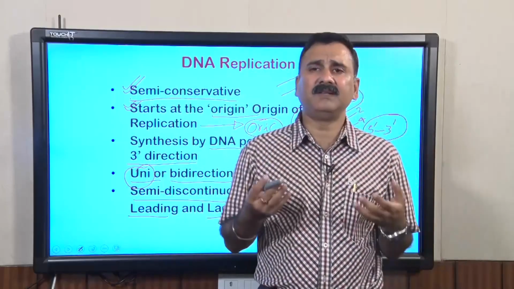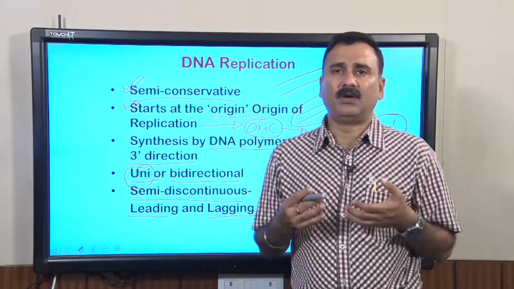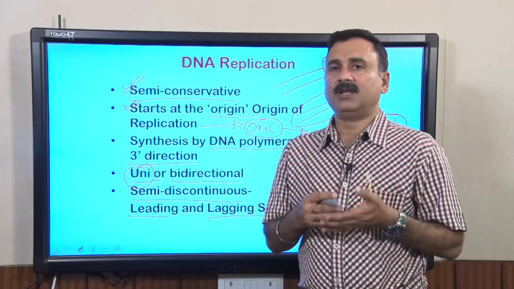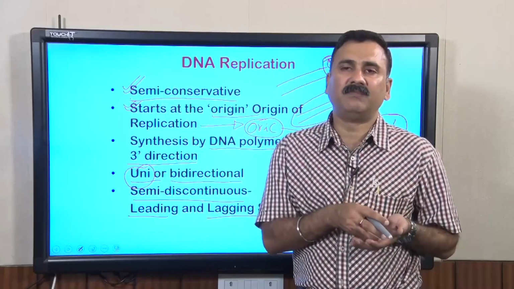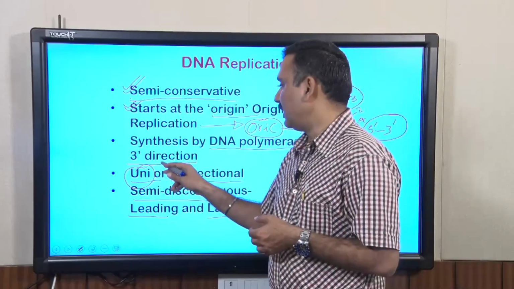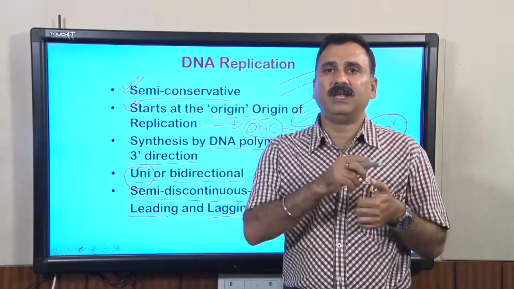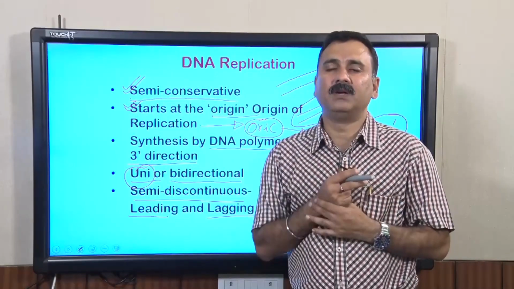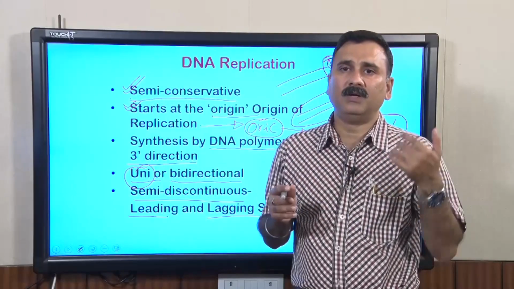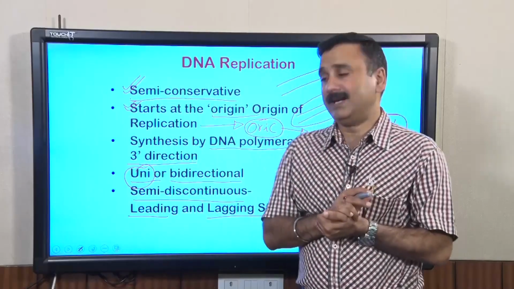ORI-C is a classical example of an origin of replication in the prokaryotic system. Then DNA polymerase is an enzyme which catalyzes DNA synthesis in the eukaryotic and prokaryotic systems, and DNA synthesis occurs in the direction of 5 prime to 3 prime. DNA replication could be unidirectional, in which it utilizes the ORI-C and continues in a single direction, or it can go in both directions, in which case the replication is bidirectional.